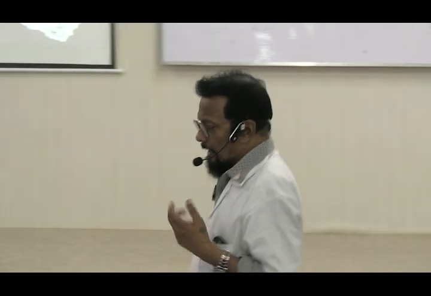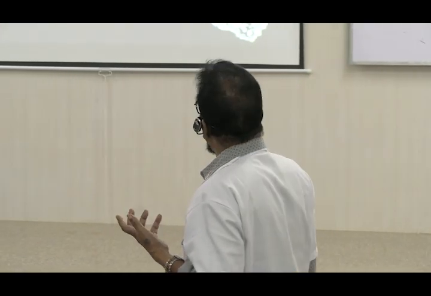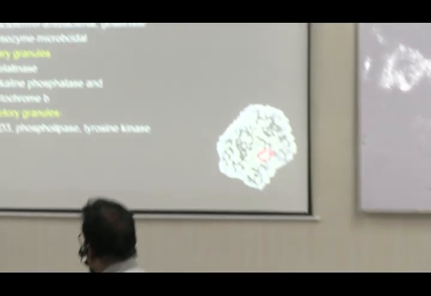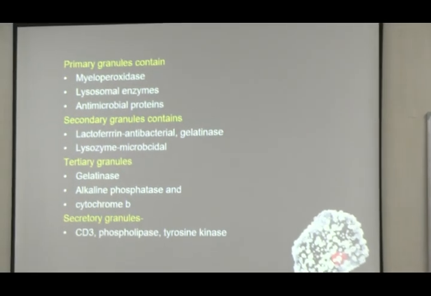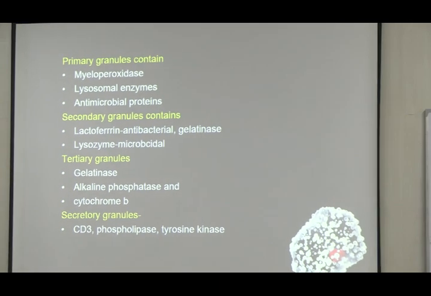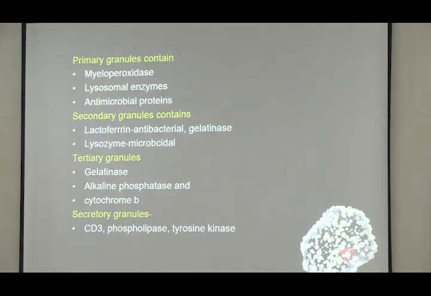There are different types of granules in the cytoplasm of neutrophils. We call these cytoplasmic granules, and they are of different types: primary, secondary, tertiary. What are the contents of primary granules?